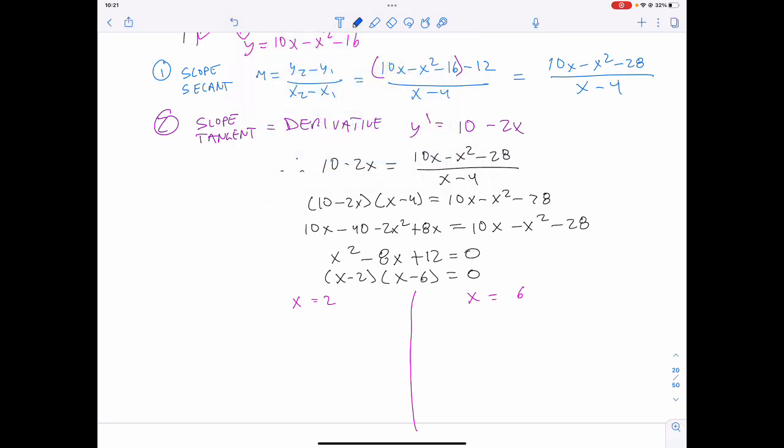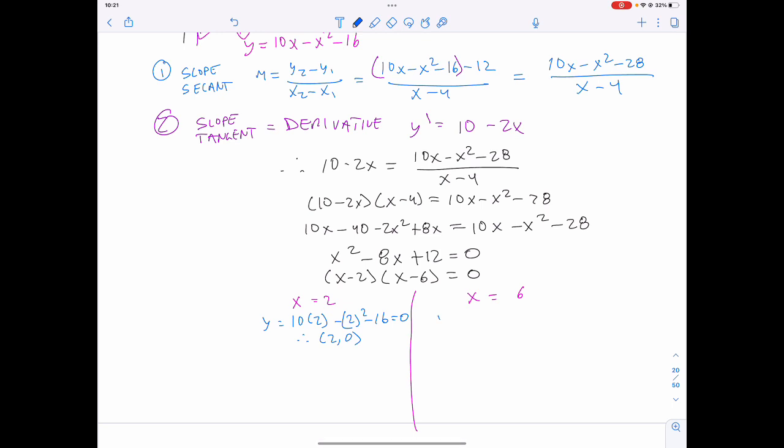So y is equal to 10 times 2 minus 2 squared minus 16, which equals 0, and I have the point of 2 and 0.